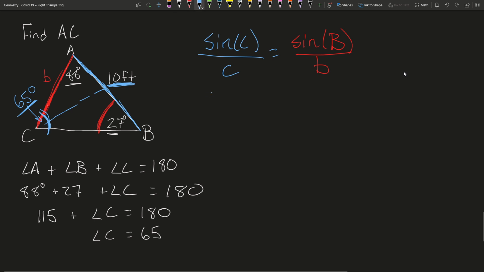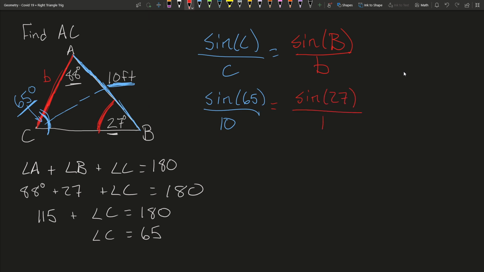So the sine of C is really sine of 65. Its opposite side length is 10. Sine of B is really sine of 27. Its opposite side length is unknown.